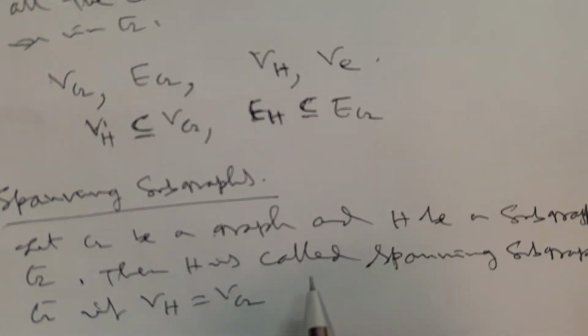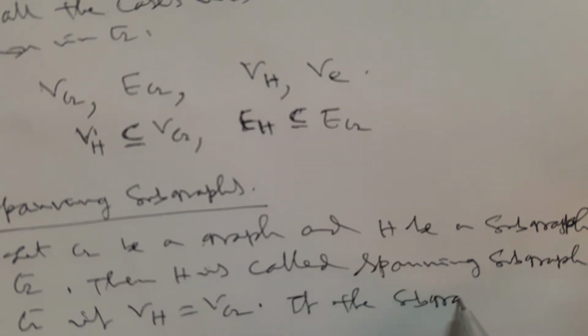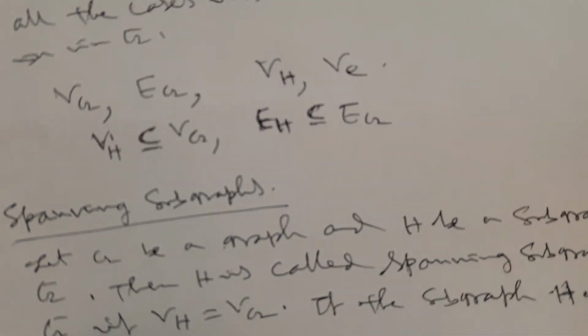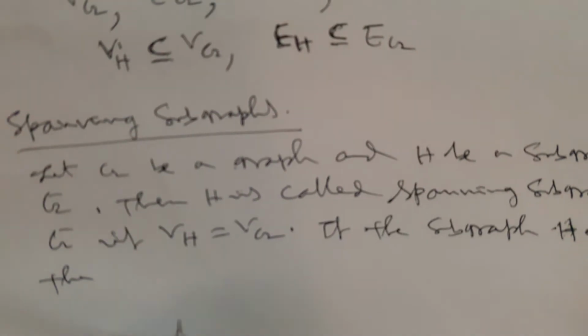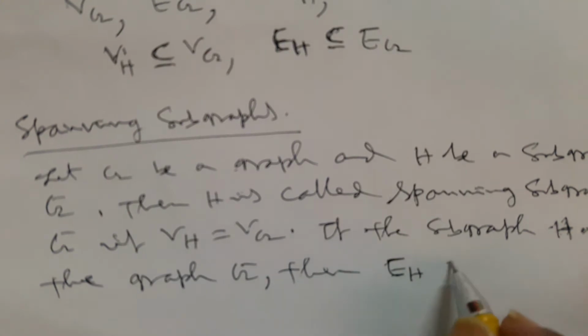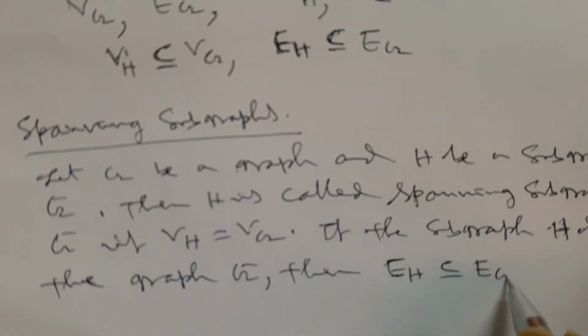And if we observe that the subgraph H spans the graph G, then EH must be an improper subset of EG.